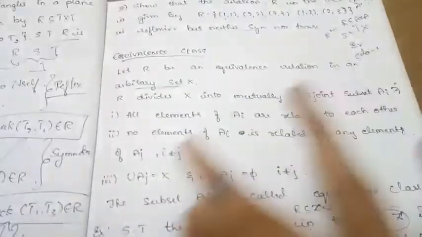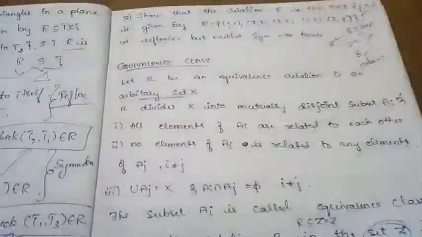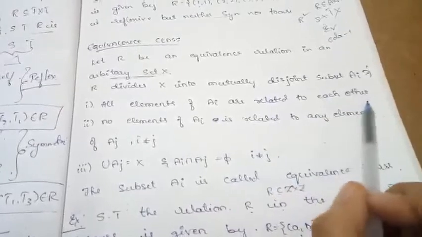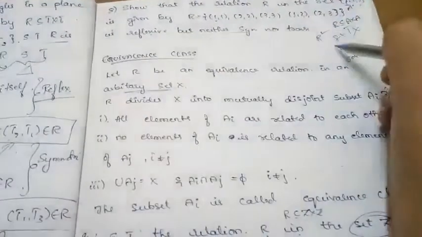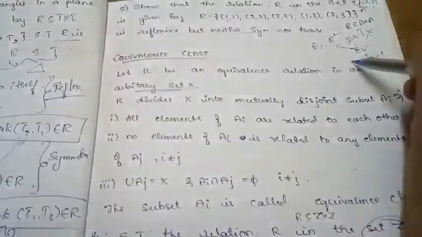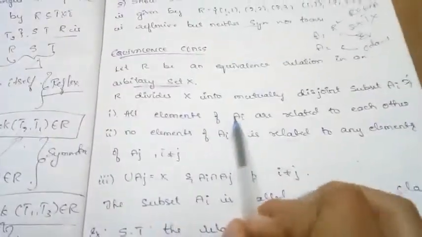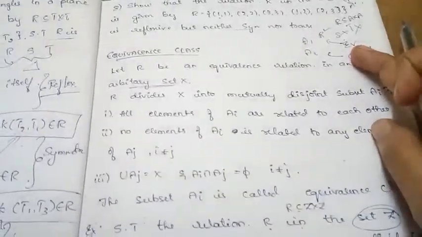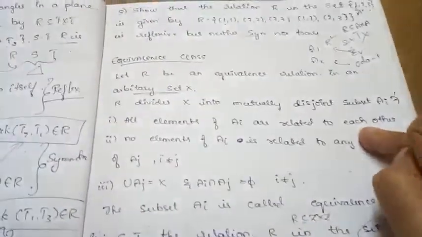It has divided into two mutually disjoint subsets, such that all elements of Ai are related to each other. Suppose I call the set of even numbers A1 and the set of odd numbers A2. You can see that all elements belonging to the set of even integers containing 0 are related to each other.